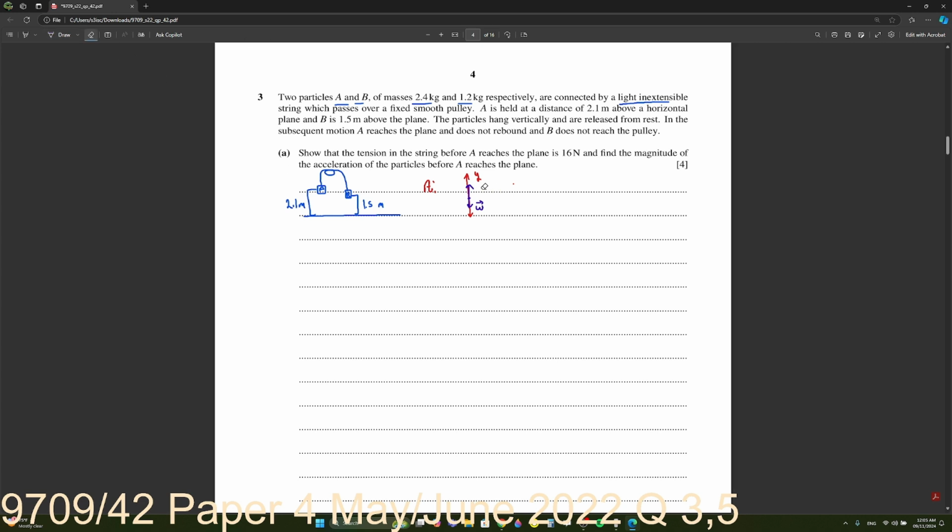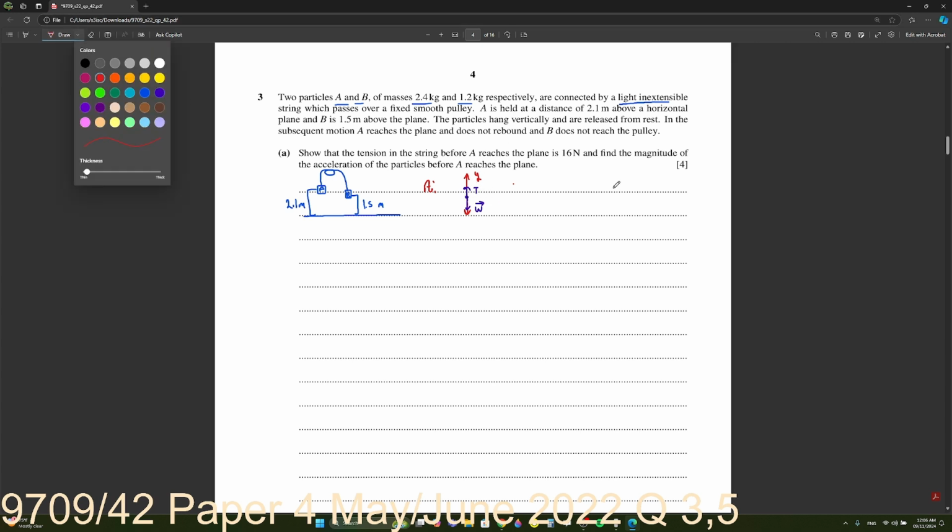I'm going to make the arrow of the weight longer than that of the tension because it's falling down. So obviously, the weight should be longer than the force pulling it up. Weight like that and tension just like this. This is for block A.